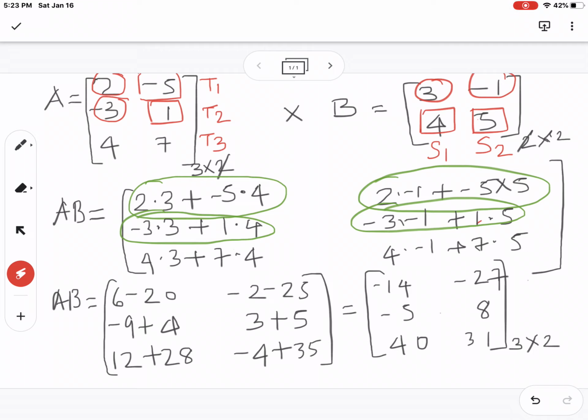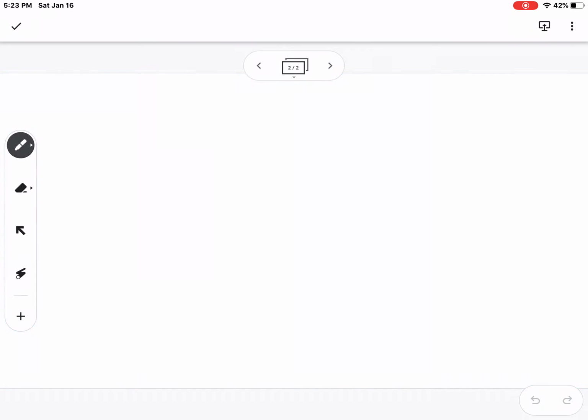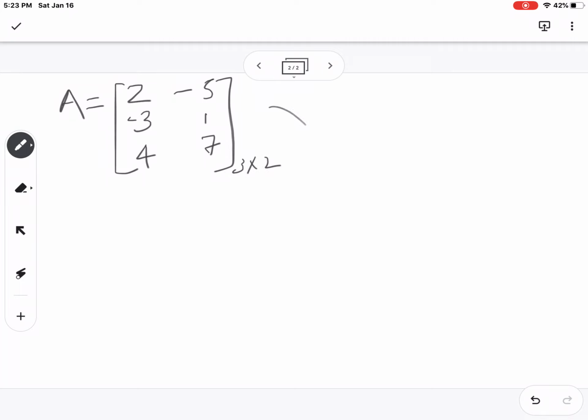I will also try to show you where students generally go wrong so that you don't repeat the same mistake and you're able to solve matrix multiplications in a better fashion. Let us take the same 3 by 2 matrix again, into B, which is a 2 by 2 matrix.